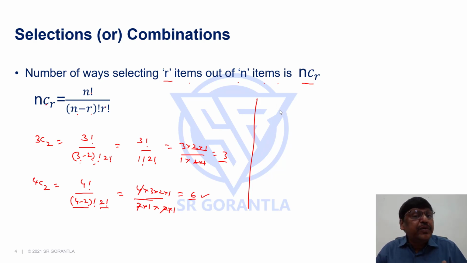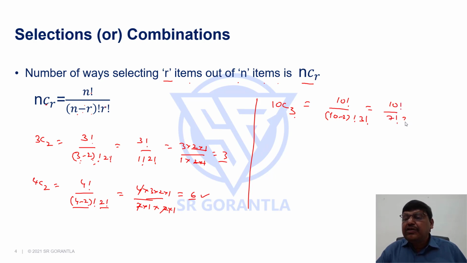If I want to select 3 people out of 10, I said 10C3. So for 10C3, obviously we have to use the formula. We can't write all the list there. If I apply this formula, what is 10C3? Selecting 3 persons out of 10. So it will be 10 factorial by (10 minus 3) factorial into 3 factorial. If you observe, 10 factorial by 7 factorial into 3 factorial: 10 factorial means 1 to 10, 7 factorial means 1 to 7, so 1 to 7 will get cancelled.